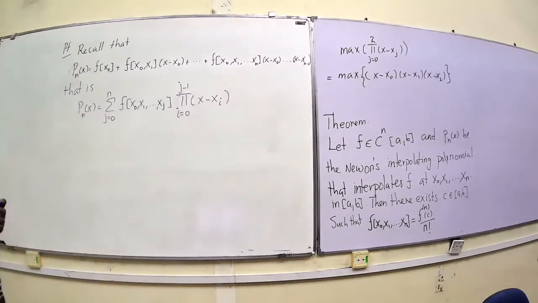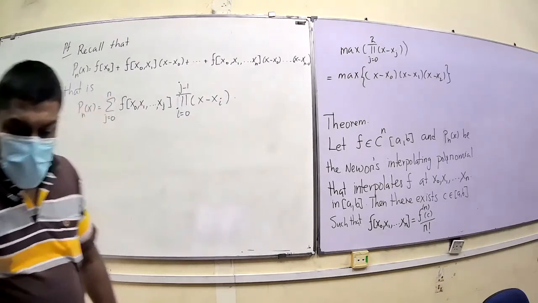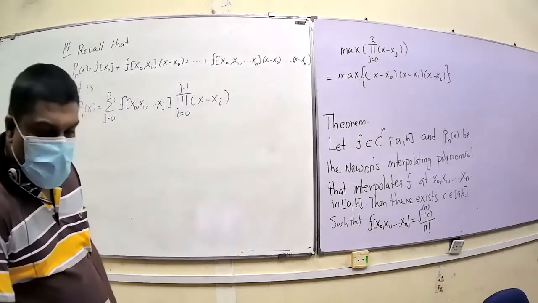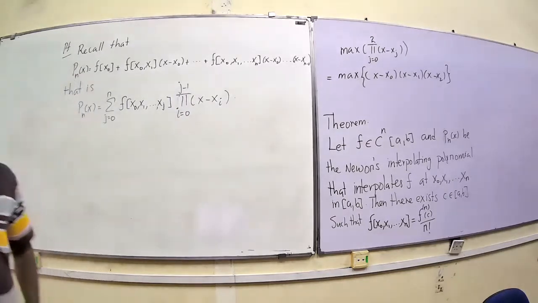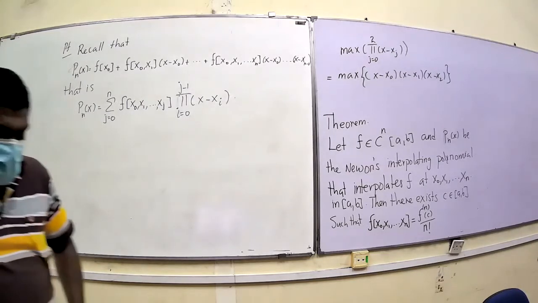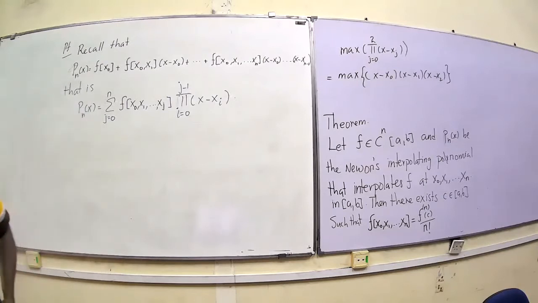So in particular, if you want to write this as a common function, you can write it as Pn of x is equal to summation of f of x0, x1, up to xj times product of x minus xi, where i is running from 0 to j. Right. So that is how you can write this down.